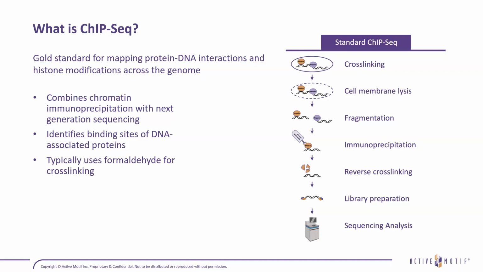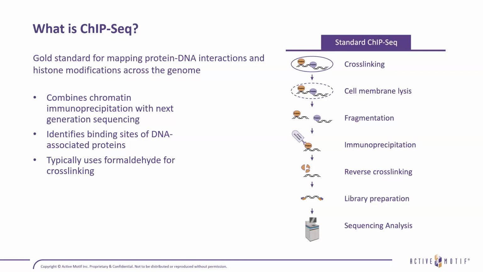DNA binding sites. So just to briefly go over the standard workflow here, the first step is a cross-linking step, again, typically using formaldehyde. The next step after that is cell membrane lysis, and then after that, we have a fragmentation step. This is typically done using a physical fragmentation like sonication, but you can use an enzymatic fragmentation here as well. The following step is the immunoprecipitation.